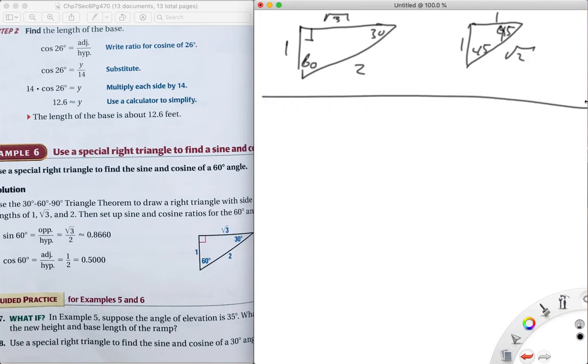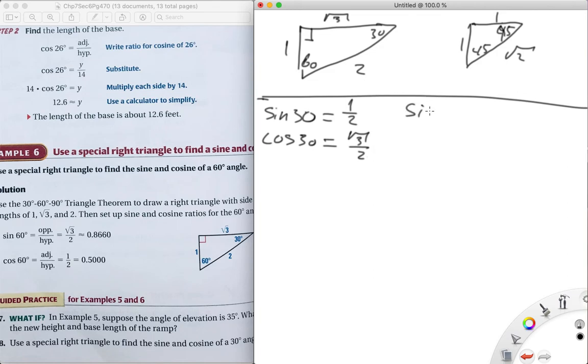So let's look at case number 1. If we do sine of 30 and cosine of 30, sine of 30 is opposite over hypotenuse, which is 1/2. Cosine of 30 is adjacent over hypotenuse, which is square root of 3 over 2.